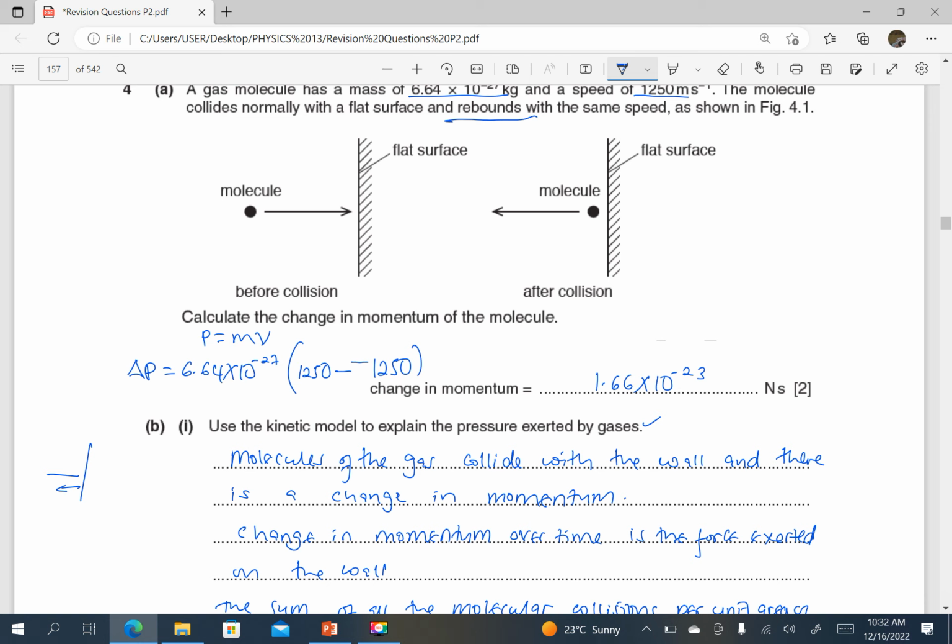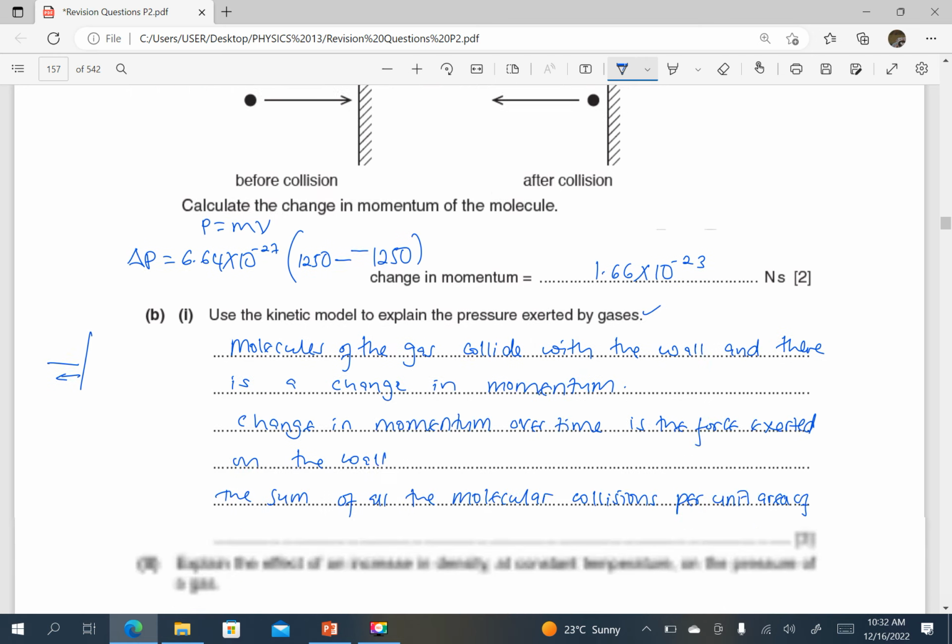If the molecule and the floor are an isolated system, then we can believe that total momentum is conserved.